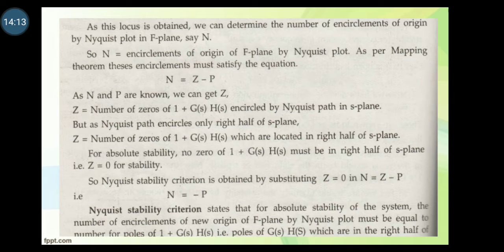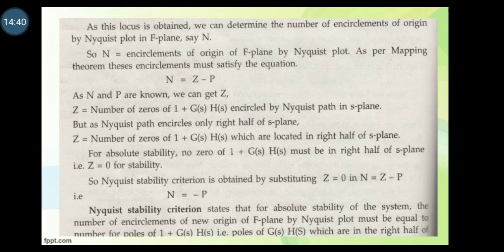Z represents the number of zeros of 1 plus G(s)H(s) encircled by the Nyquist path in the s plane. But the Nyquist path encircles only the right half of the s plane. So Z represents the number of zeros of 1 plus G(s)H(s) which are located in the right half of the s plane.